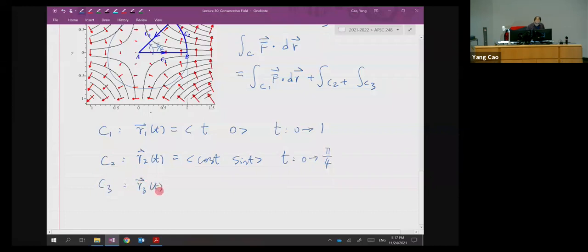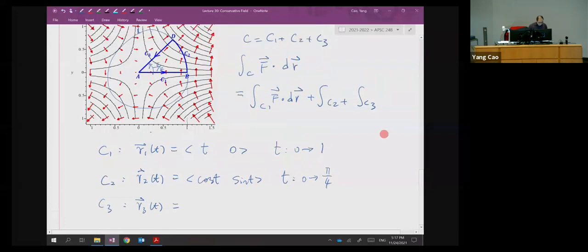And the last piece is a parametric equation for DA. So this part of the segment is again a straight line. The line goes from D to A. So technically, first step, you have to find the coordinates of the point D, and then you can construct the line properly.